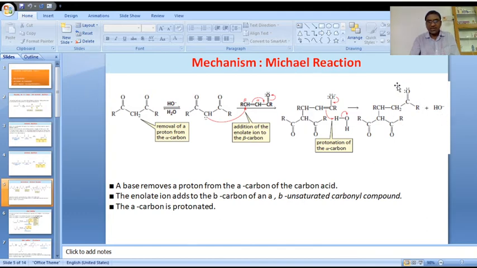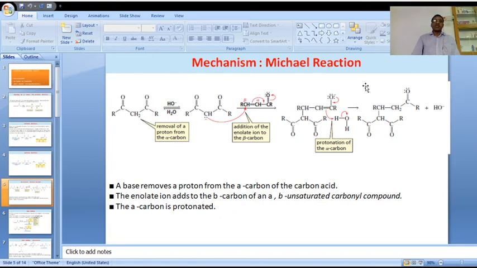After abstracting hydrogen from water, the alpha carbon is converted to CH2. On the beta carbon there is an addition of this diketonic diester functional group. This is the Michael addition product.